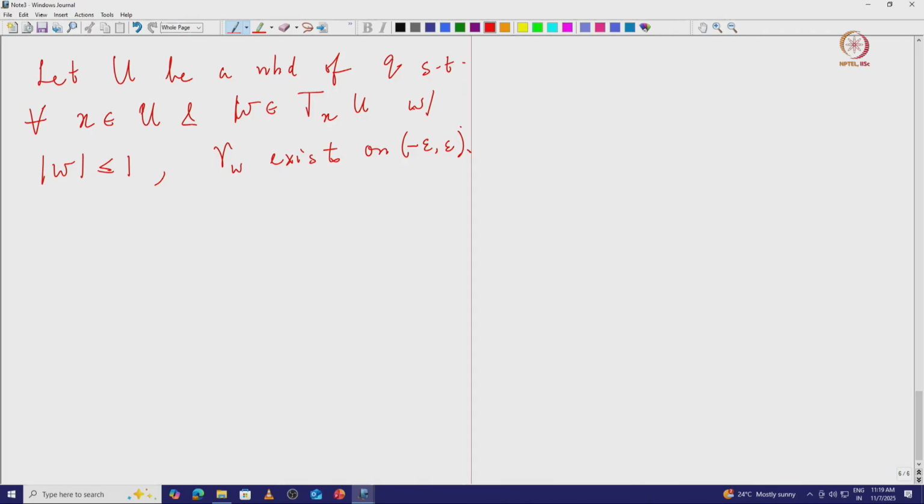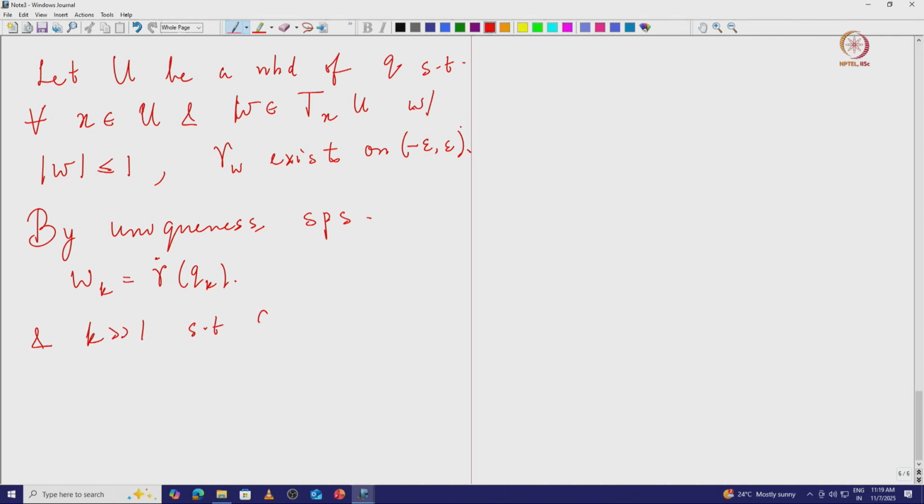Okay, so then by uniqueness, suppose we take wk to be the velocity vector at qk, and k large enough such that qk belongs to this neighborhood U, right, because qk converges to q, obviously for some large k, qk is going to be contained in U. Then by the uniqueness of geodesics, the picture is the following.